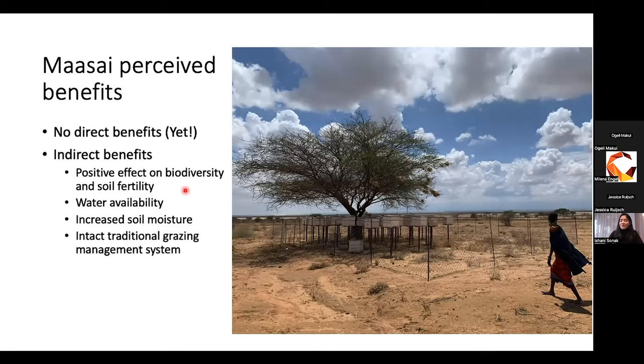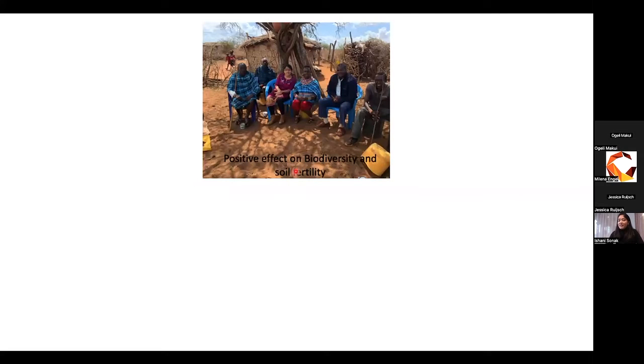There was a perceived positive impact from these restoration efforts, especially the bunds dug in the area. This lady next to me was involved in the implementation or digging of the bunds, and she observed a higher number of insects and bees inside the area, and also more water around the area. Sometimes for quick access to water for domestic chores, they would use the water from the bunds.